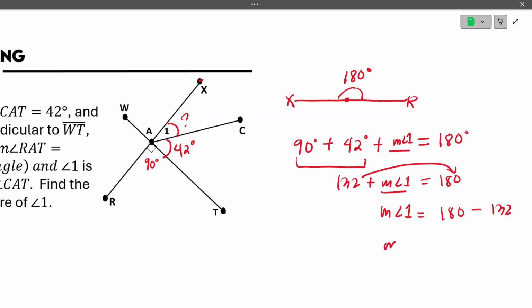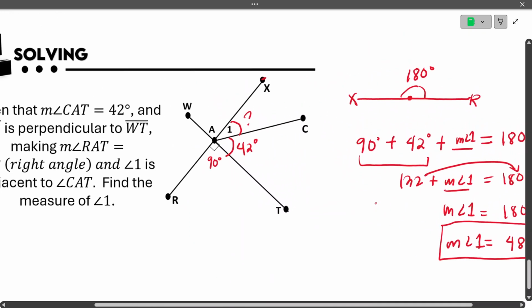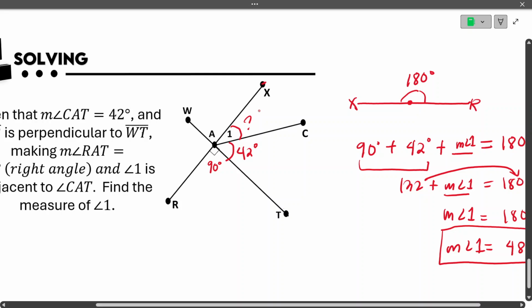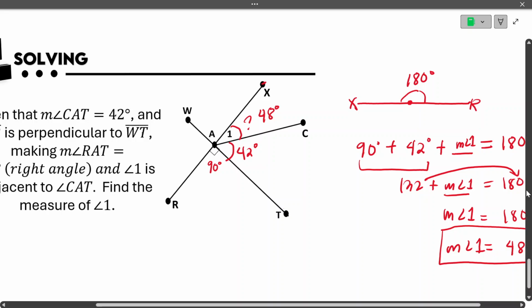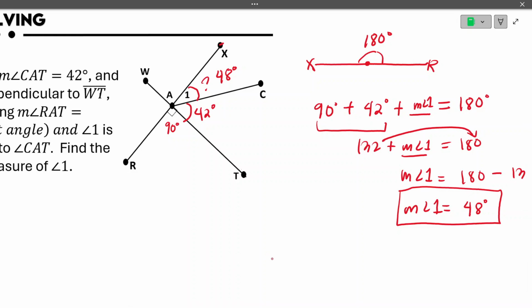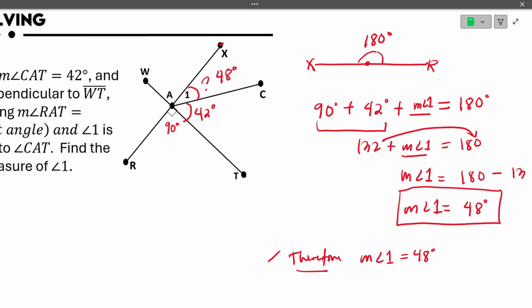There it is. So the measurement of angle 1 is just 48 degrees. Therefore, this is our answer. We can now label the figure, which is 38 degrees. 38 plus 42 is also 90. So to make the statement, therefore, the measurement of angle 1 is 48 degrees. So this is the answer.